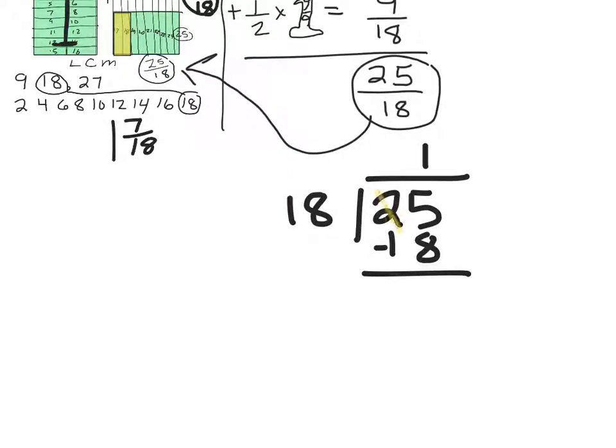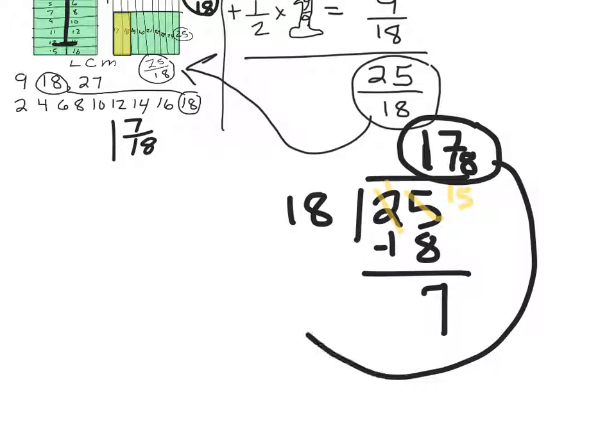So I'm going to borrow from this 2, turn this into 15, and turn this into 1. 15 minus 8 is going to give me 7. I love it. And then 1 minus 1 zeros out, so I can just take my remainder and put it over my divisor. So I've got, as you see, 1 and 7/18, which agrees with our illustration right there of 1 and 7/18.